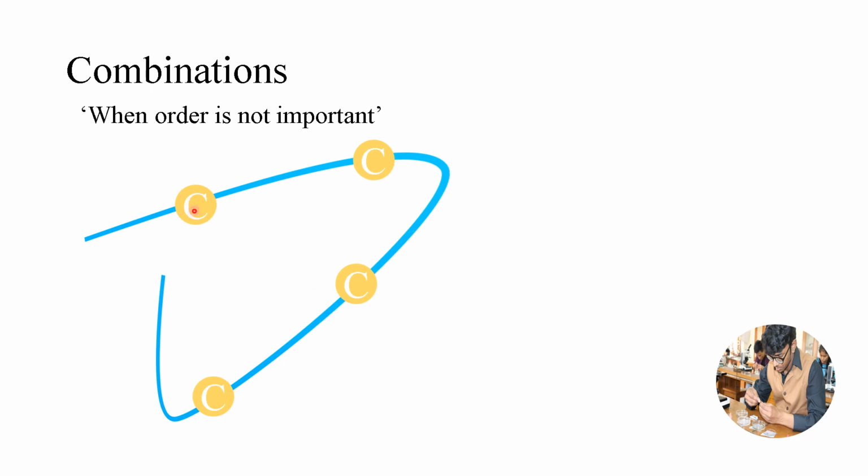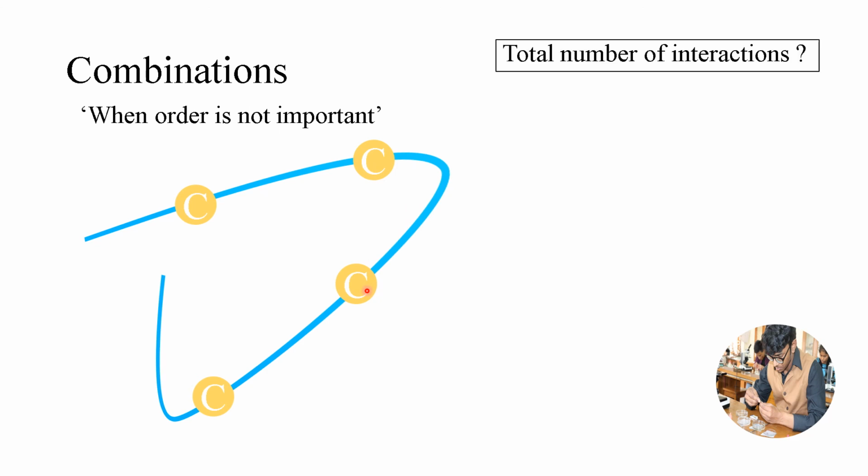So this cysteine might be interacting with this one. Let's say C1 interacting with C4 is the same as C4 interacting with C1. They will not be counted as separate interactions but as the same interaction. Similarly, C2 interacting with C3 or C3 interacting with C2 is a similar kind of interaction. Now I want to find the total number of interactions that can exist between the cysteine residues.